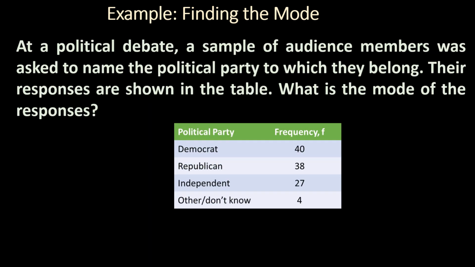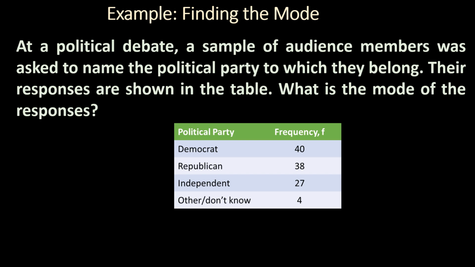How about this? At a political debate, a sample of audience members was asked to name the political party to which they belong. Their responses are shown in the table. What is the mode of the responses? Here you see there are 4 categories: Democrat, Republican, Independent and other or don't know. Then frequency.